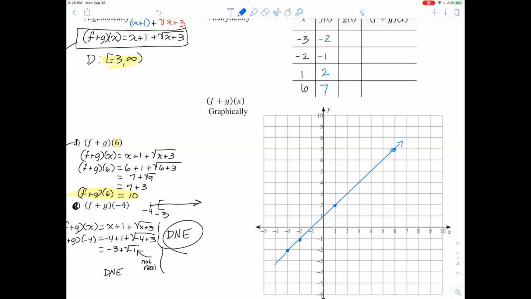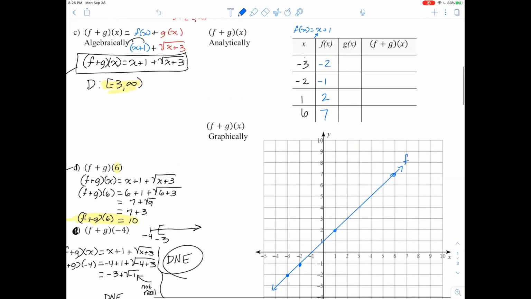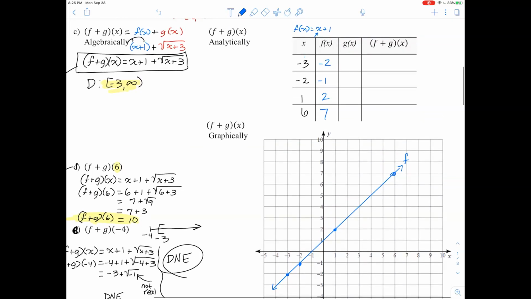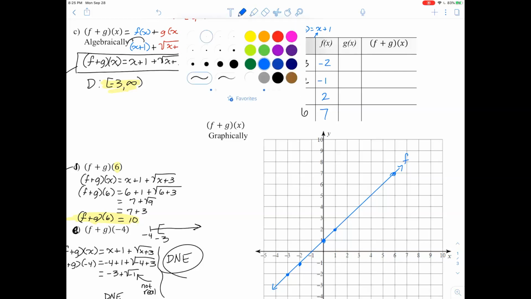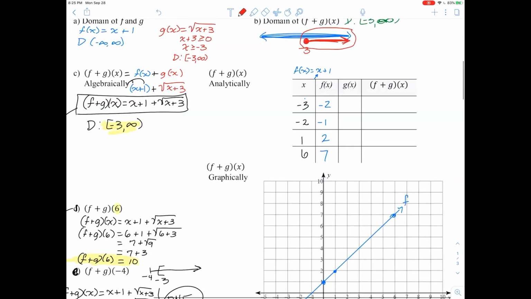And of course, we could have just graphed that because it was in slope-intercept form. Our y-intercept was 1, and we had a slope of rise 1, run 1, so you could have graphed that really quickly. Let's go back now, and let's do the g of x.